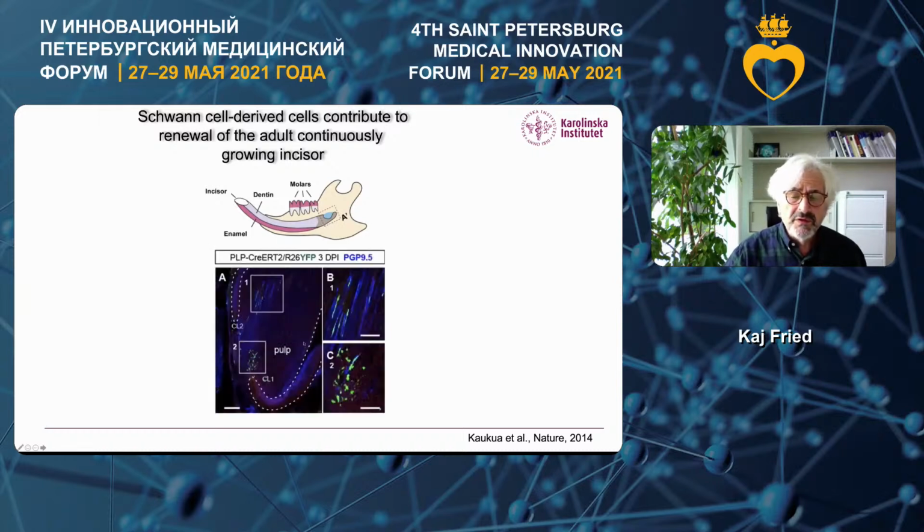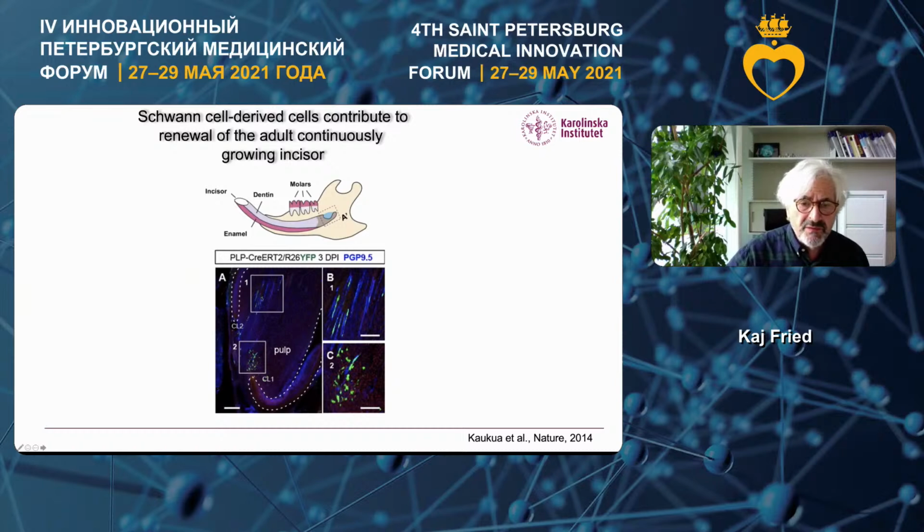And when we look in the microscope, we can see this area here between those sort of folds from the epithelium, which is this one, CL2 and CL1 in this picture. And in green, we can see these Schwann cells, these very primitive neural crest cells that arrive on the nerves, how they gather in this area, which is actually the stem cell area here.